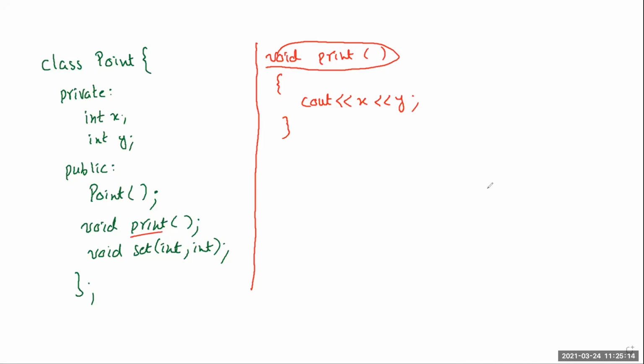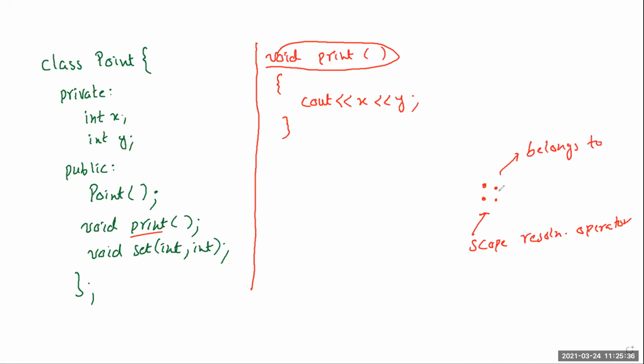And for that, what is the syntax? We have an operator in which you put a double colon. This is called the scope resolution operator, which is a fancy name, but you read it as "belongs to."